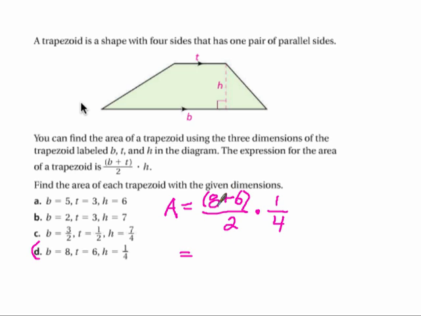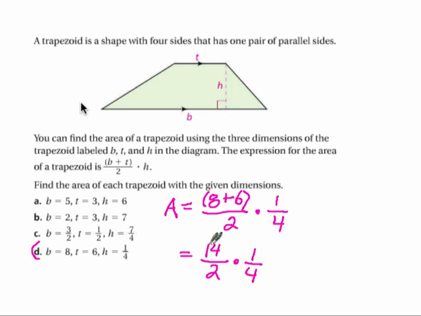Okay, so we have 8 plus 6 being 14 over 2 times 1/4. Because when I multiply across, these numbers are going to get bigger. It's nice if I reduce beforehand. You don't have to, but it's just nice if we have even bigger numbers because it's more easily seen what can be reduced.